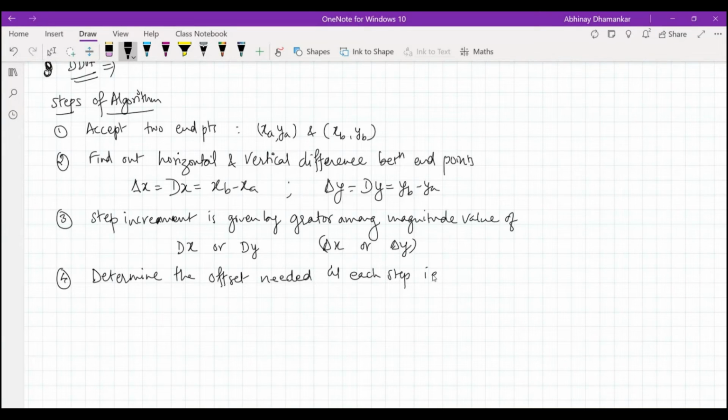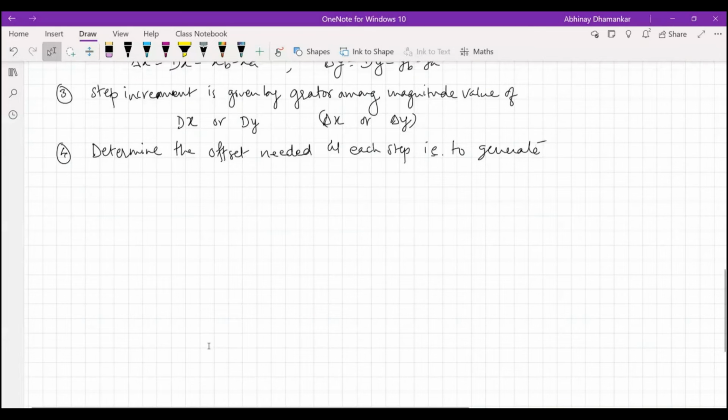That is, to generate the next point or next pixel, loop through this step.